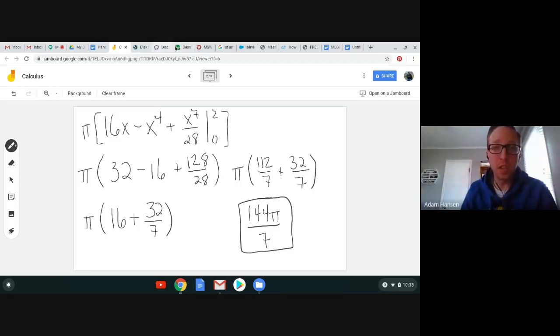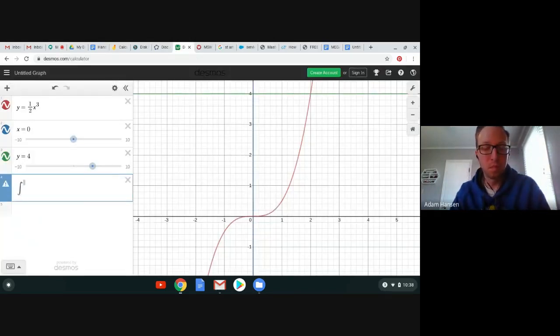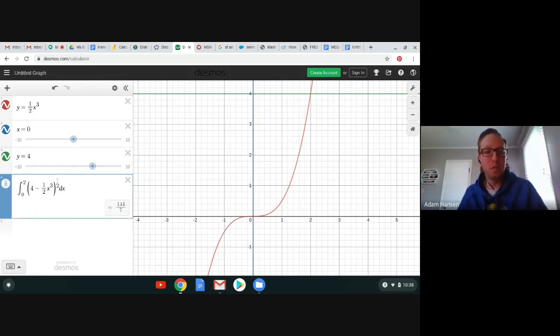Of course, we can always check that on Desmos. As a fraction, 144 pi over 7.